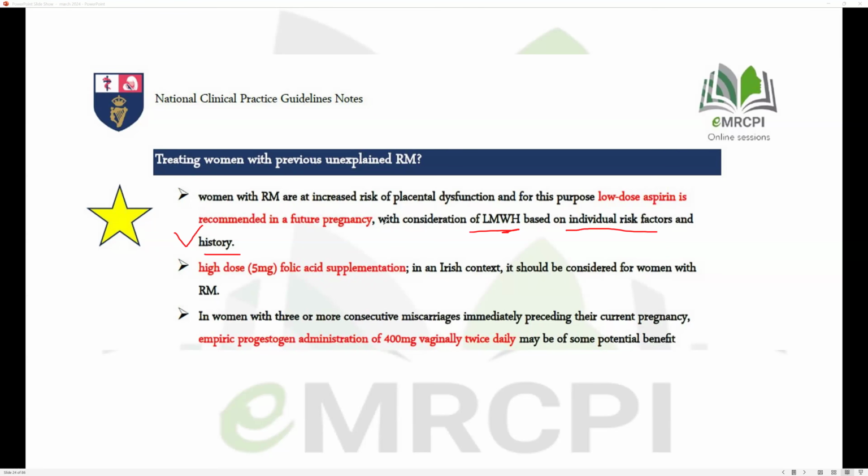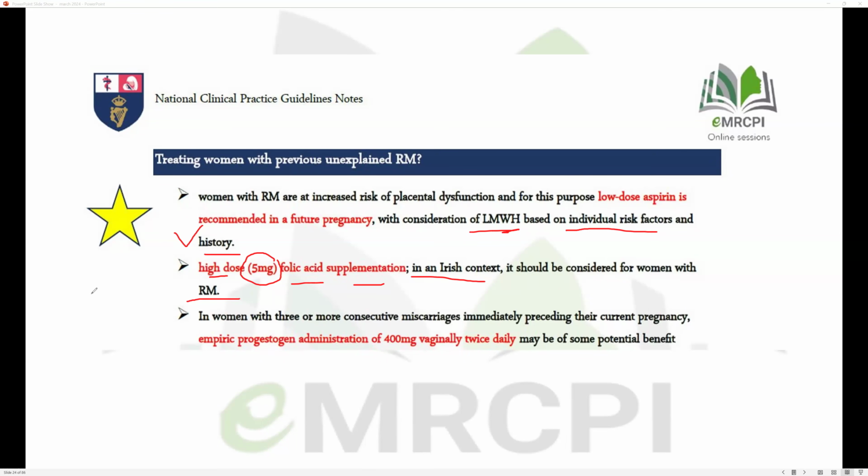So I never ever touch low molecular weight heparin without confirmed diagnosis. Otherwise, aspirin can be given. Low dose is recommended in future pregnancy. High dose, 5 mg folic acid supplementation in an Irish context should be considered for women with recurrent miscarriage.